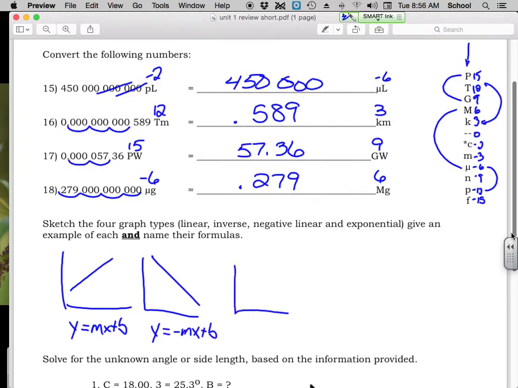Then we have this one that goes woo, and that was the exponential one, and that's y equals kx squared, and of course has an exponent in it. And this one was the inverse, and that one had the y equals k over x. So you need to know how to do those.